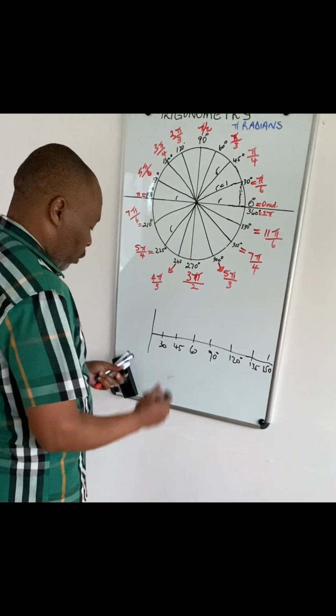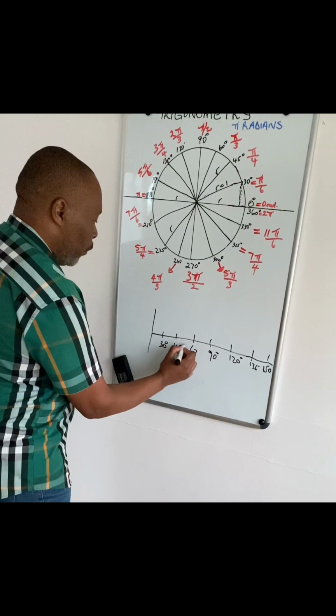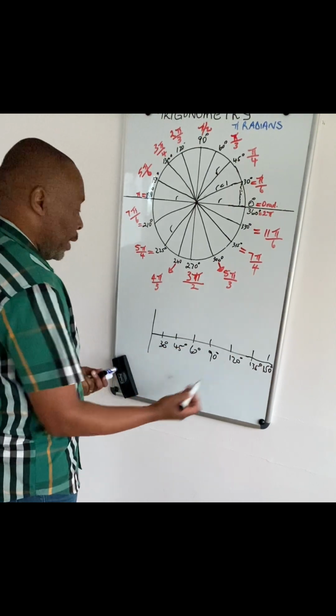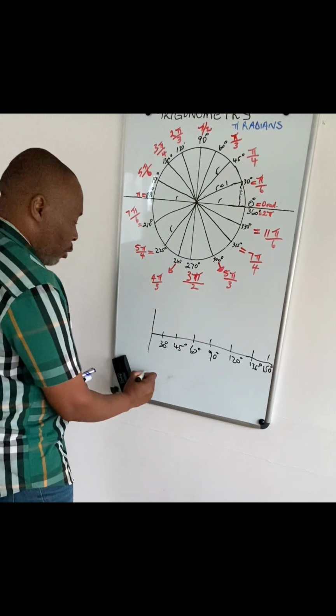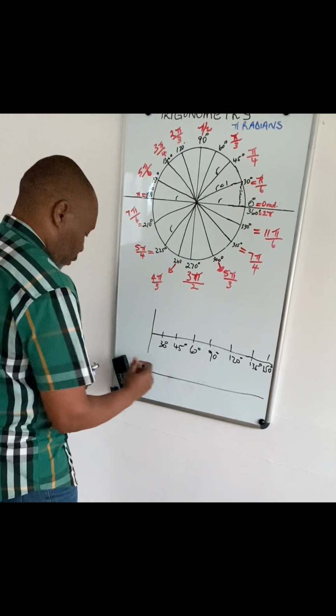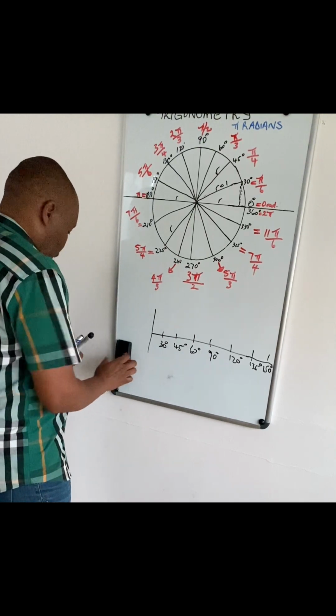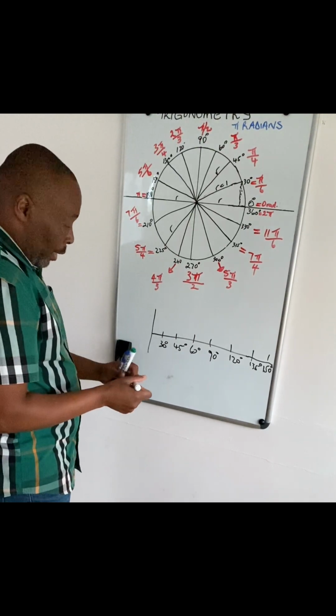And as we carry on, they could also tell you they want you to put it in radians, or they just tell you in radians. Let me just use the red color that I used.